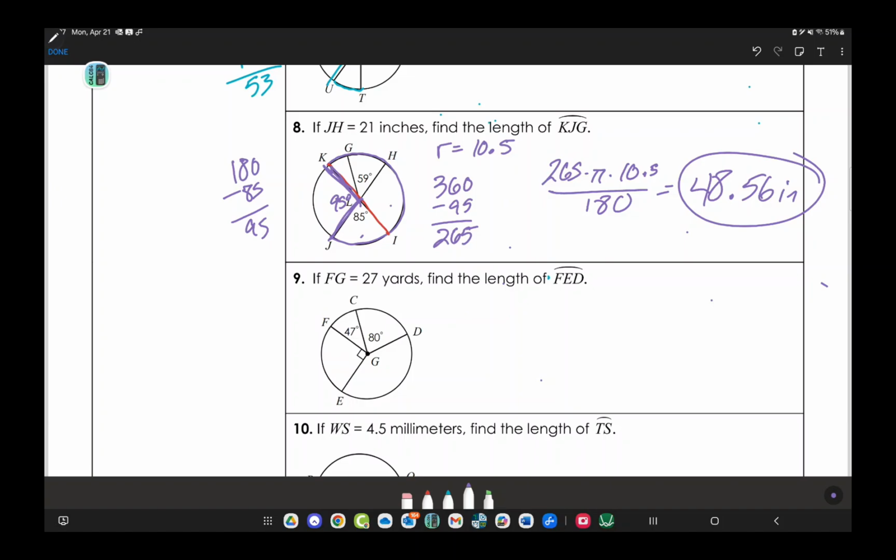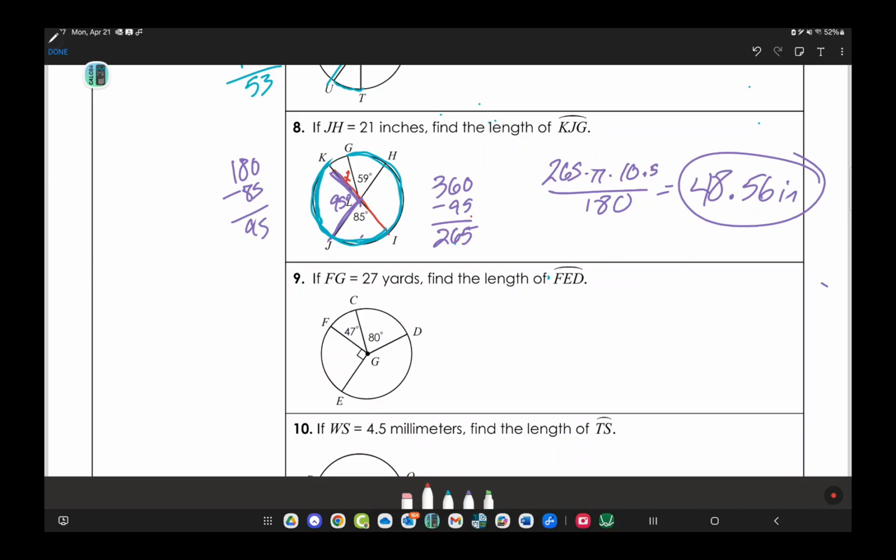I read that as KGJ. Okay? So, it's KJG, which means I'm supposed to find this arc measure. It's important to be able to read that correctly. So I need to find this little angle here and subtract that from 360.